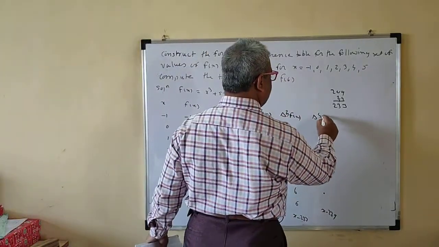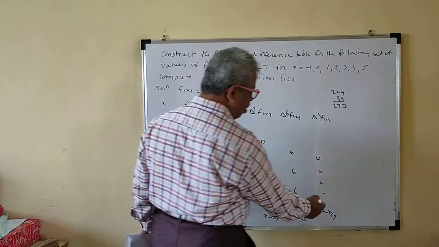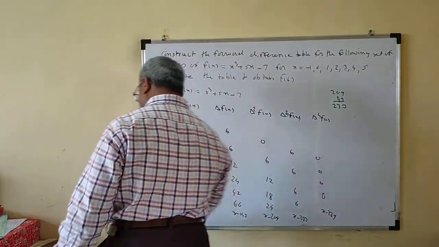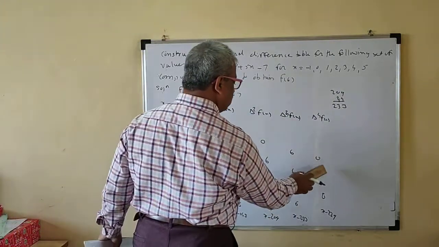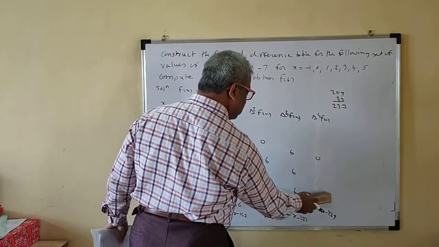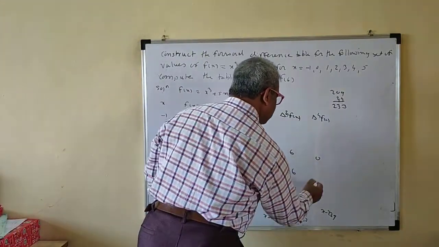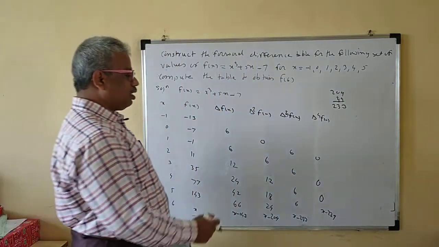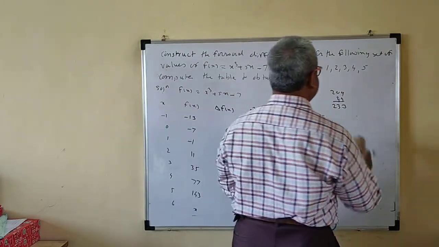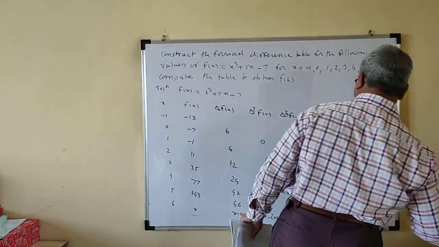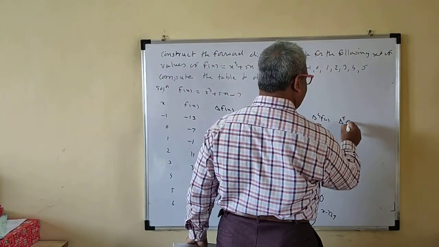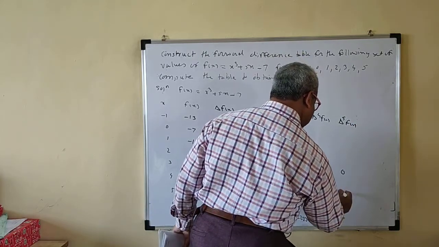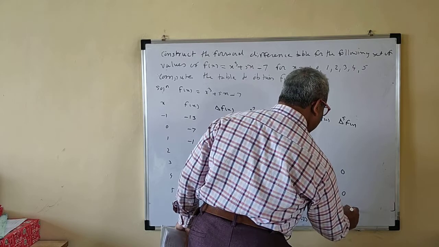See, all here are 0. This minus this is first 0, this minus this is second 0, this is third 0. So therefore del to the power 5 f of x is 0, then x minus 239.